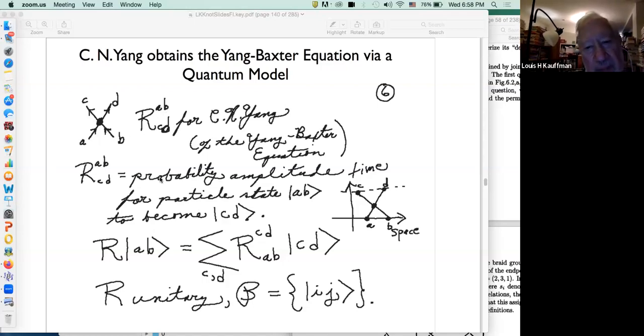Now, probability amplitude is a complex number. And in quantum mechanics, you get complex numbers for probability amplitudes so that the probability of it happening is the absolute square of the complex number. So that means it's the square of the length of the complex number, and you ignore the phase.